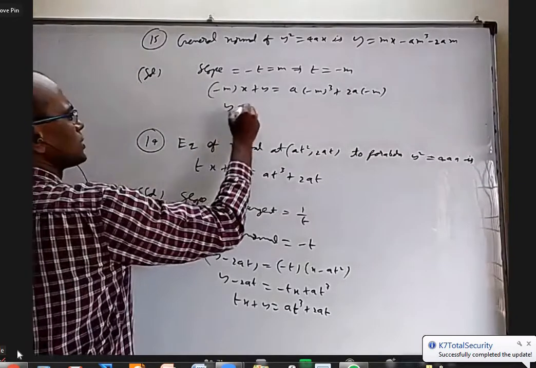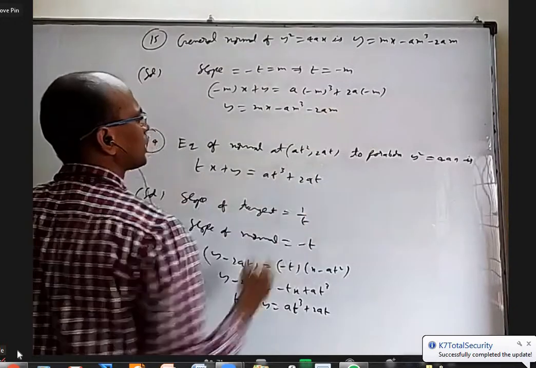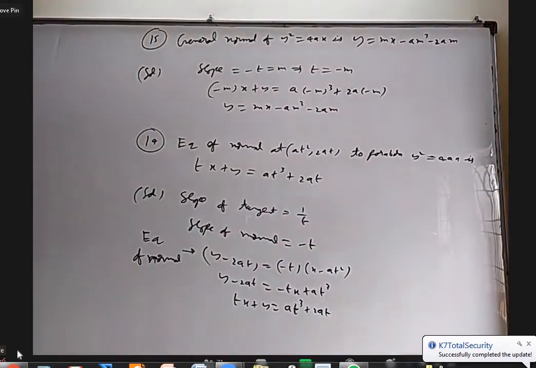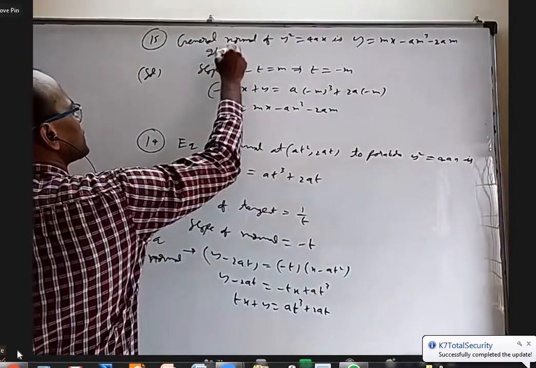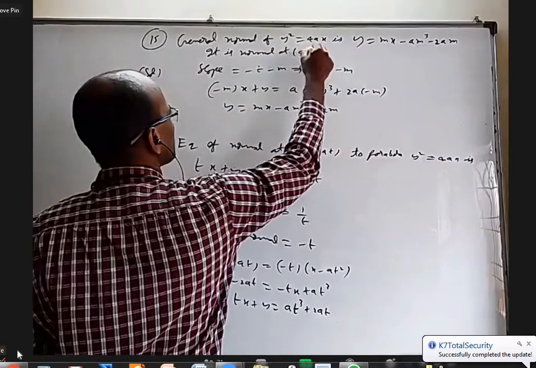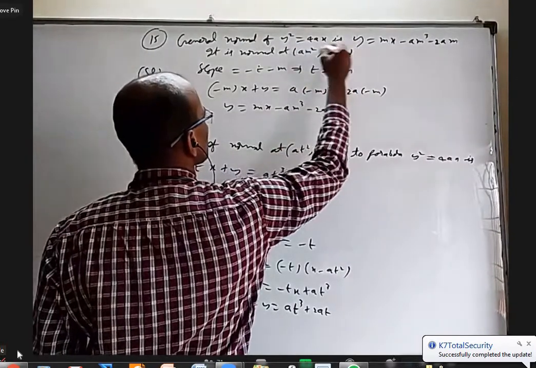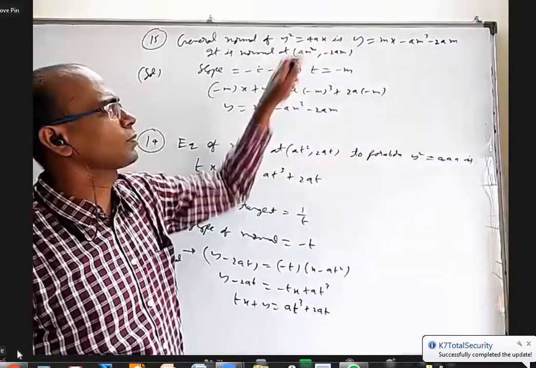So that is y = mx − am³ − 2am. That's how we got the general normal. And it is the normal at the point (am², −2am), because the t value is minus m.